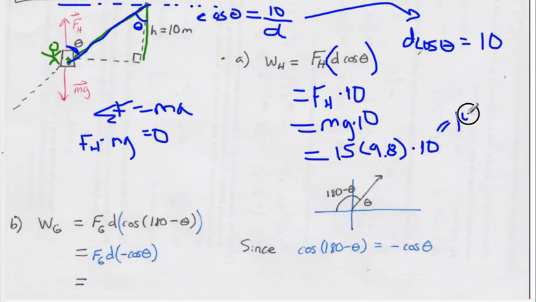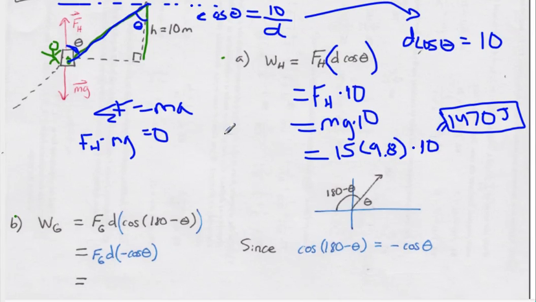It turns out to be, with significant figures, 147, oops, my mistake. Should have got my calculator there. That was the force, 1470, and this is work, right? So our units should be joules. Newtons. Ha, that's a force.